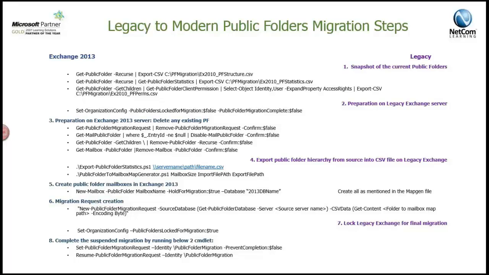There's a default setting of PreventCompletion which comes as true. So when you start the migration, it does not complete the whole public folder migration and stops at 95%. Now we are removing it with this command, and it will allow us to complete the migration.